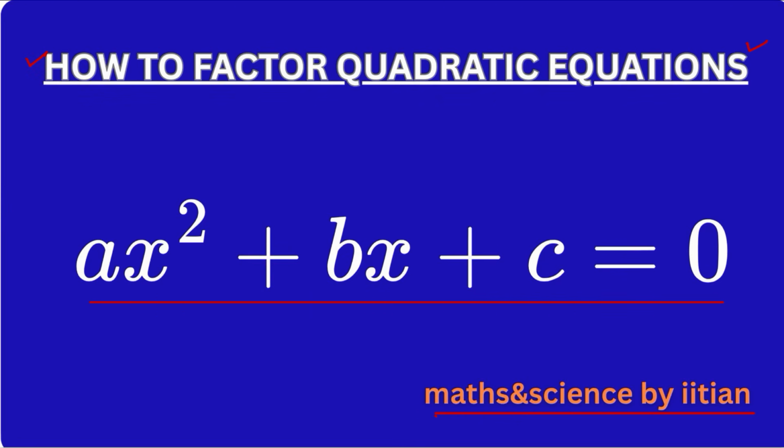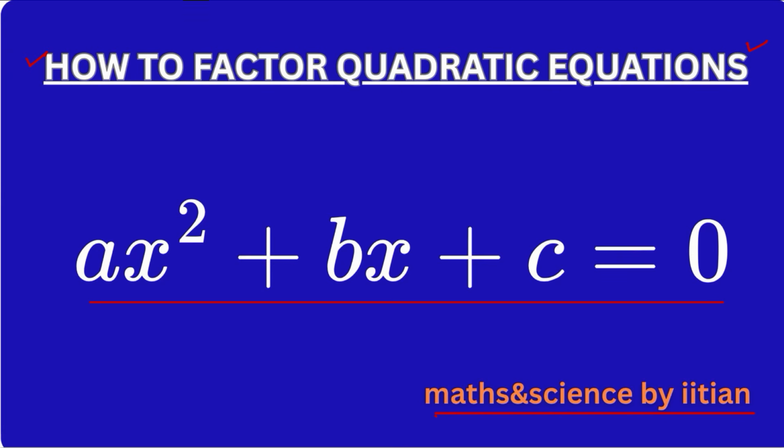How to factor? I will explain the procedure. As per the question given in the examination, you should be able to adopt this procedure. There are many procedures; I will give one of them.